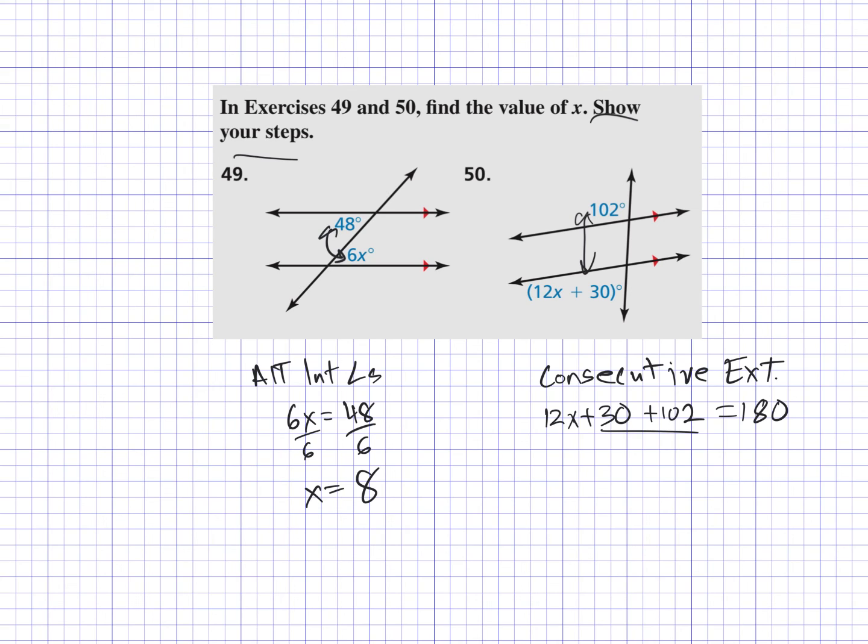These two go together, they're on the same side, so we just add them together. That's 132 equals 180. Now we subtract 132. Again, you have to show your work. Don't forget your equal sign. So 12x is equal to 48. And divide off the 12, and x is equal to 4.